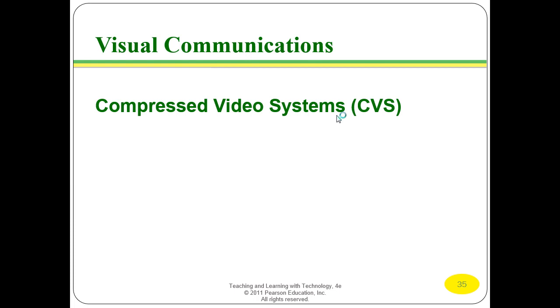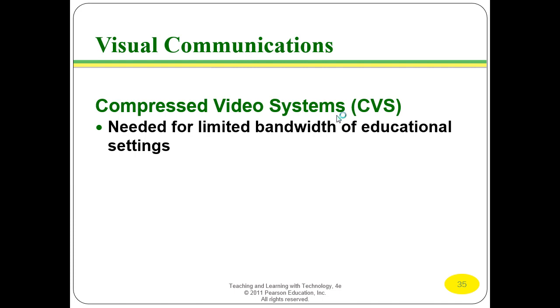We also have what is called compressed video systems, or CVS. We need this because of some of the limited bandwidth that some of our schools have in their network systems.